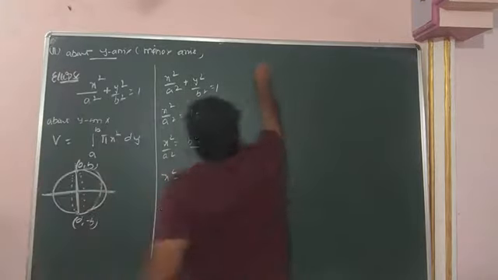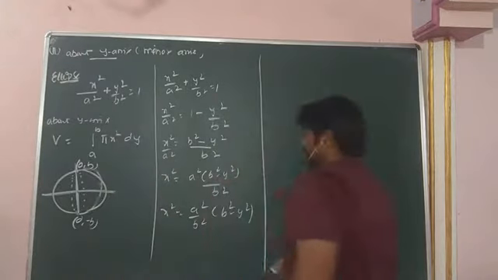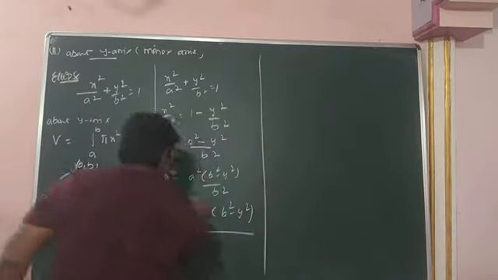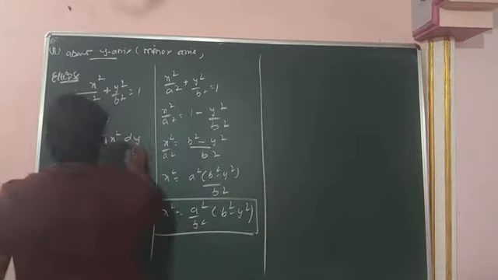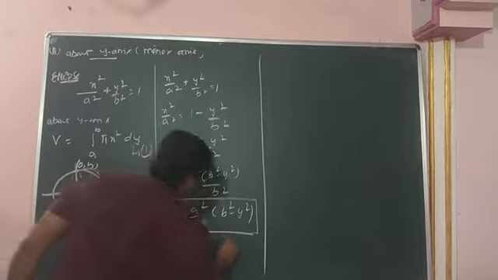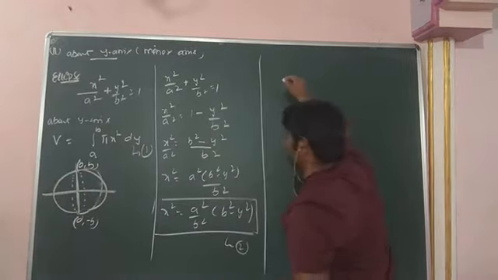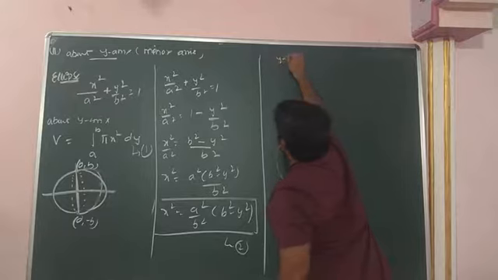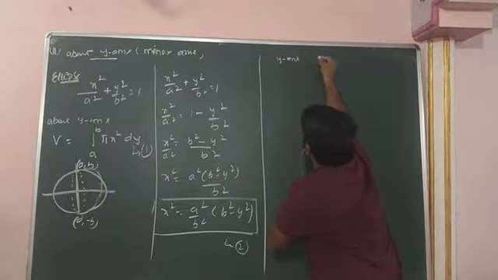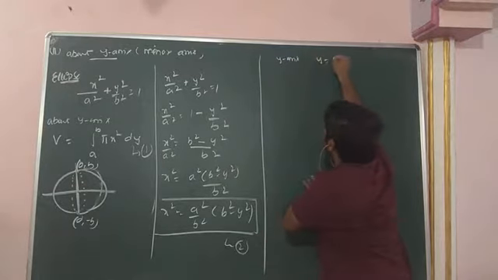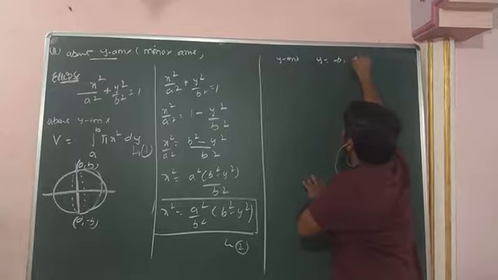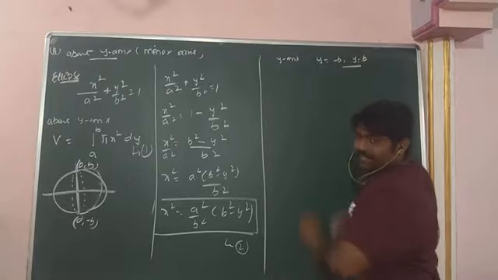And next, this is taken as 1 and this is taken as 2. Here we write y-axis, and what are the limits? y is equal to minus b, y is equal to b.